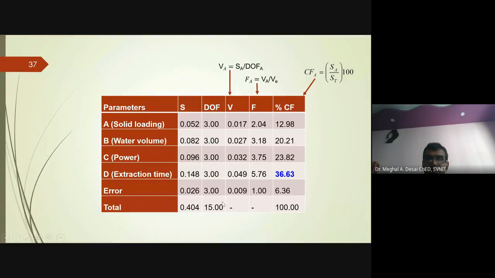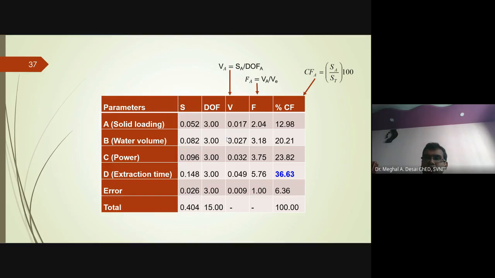Similarly, total degree of freedom 15 minus 3 for each factor will give me the degree of freedom for error, which is equal to 3. Once I have this, I can find the variance. The equation is already here. And over here, one good thing is that error has some value. In the previous example, we saw that there was no error, so we had to pool the error.